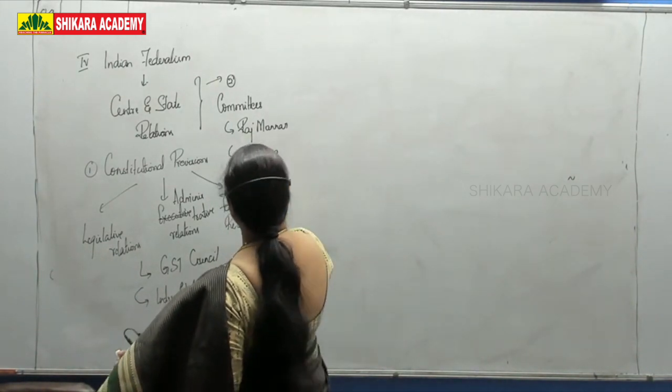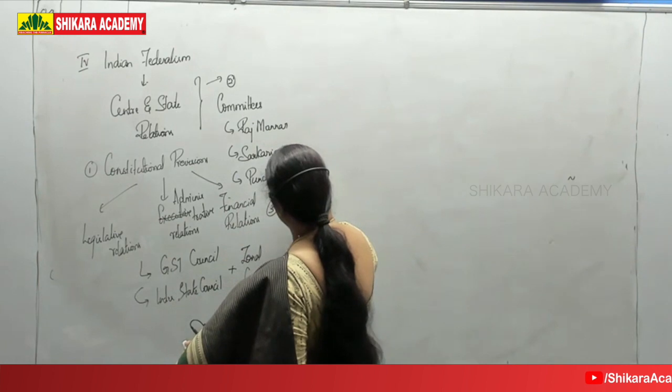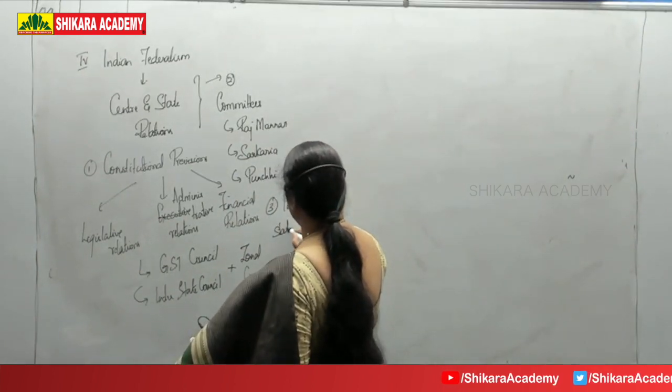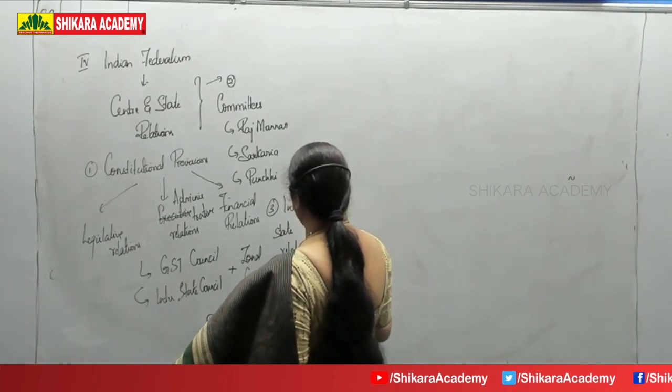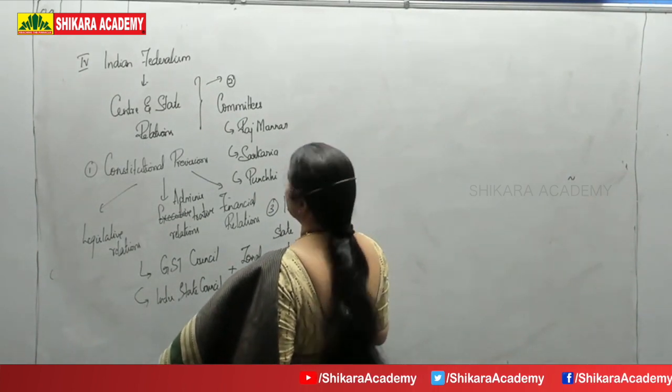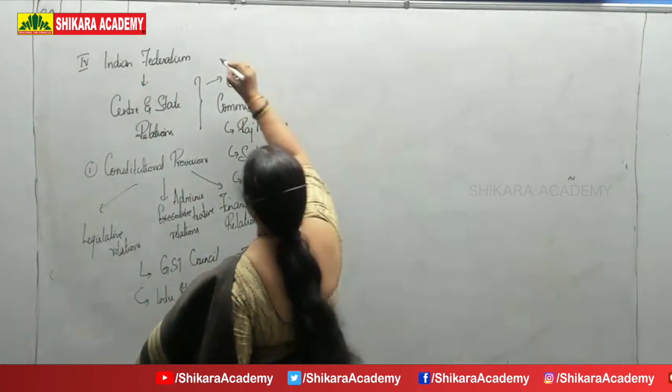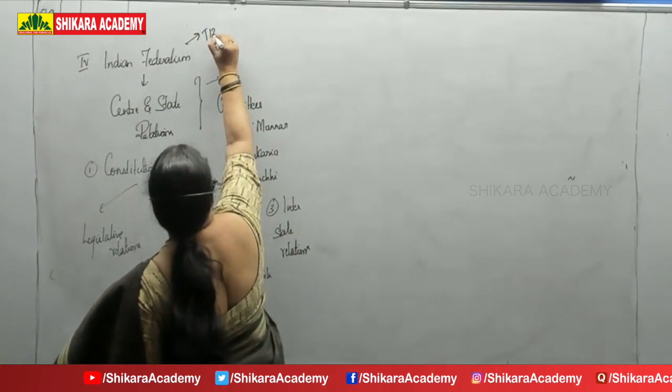And then the third aspect of this will be the relationship between states, interstate relations. This will be federalism. Features of federalism in India I will discuss in salient features. After we finish, this will be your test 12.